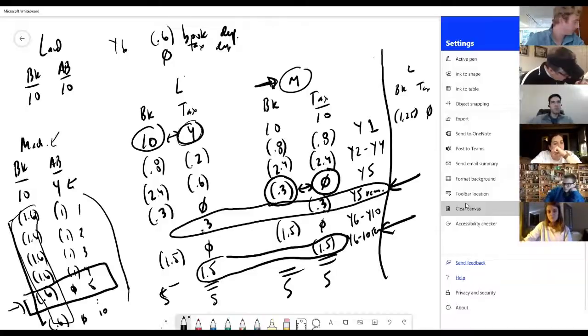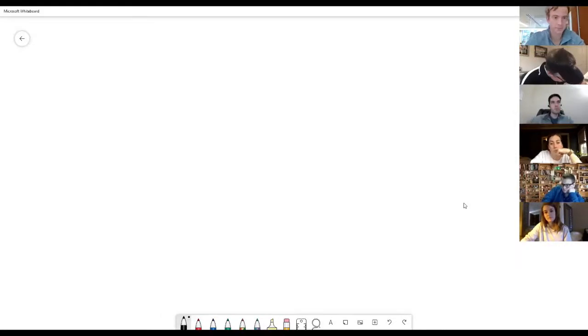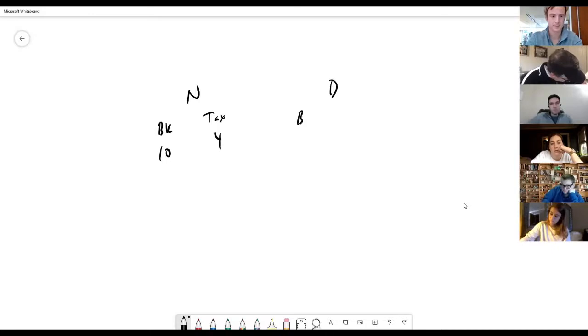So if you see a problem and it's 704C property involving land, then you say, oh, it's easier. I don't have to worry about this depreciation stuff. So here we got N and D. N is contributing the Blackacre. Book value is 10. Tax basis is 4. D is the cash partner, contributing 10 of cash.